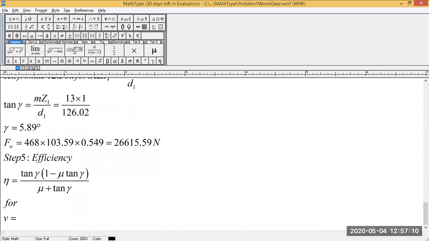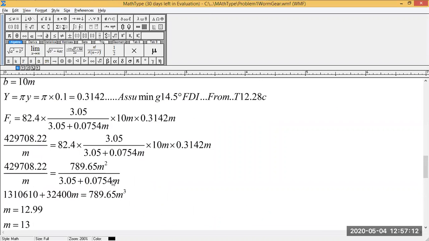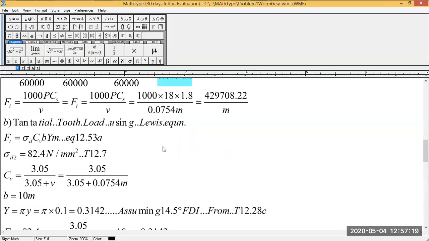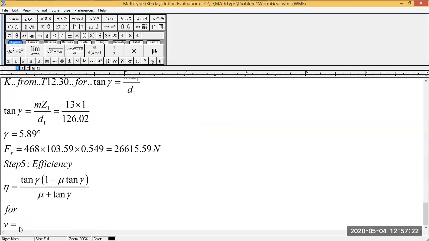Velocity v equals this value into 13, into module 13. Let's calculate this. 0.0754 into 13 is 0.98 meter per second.